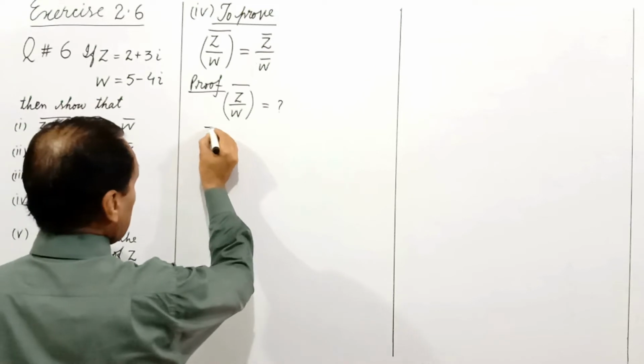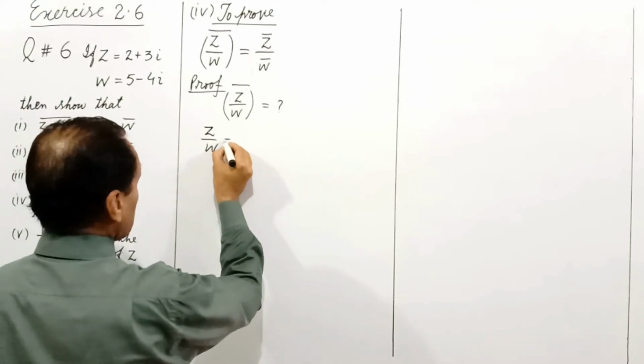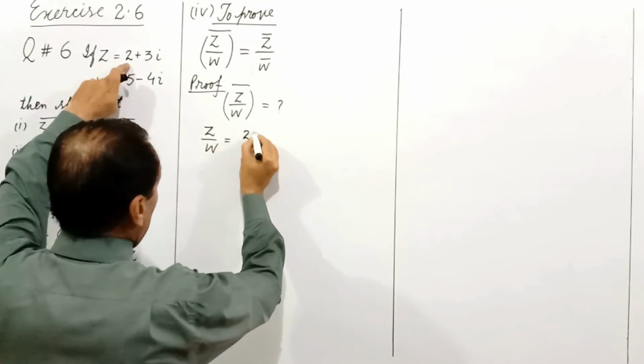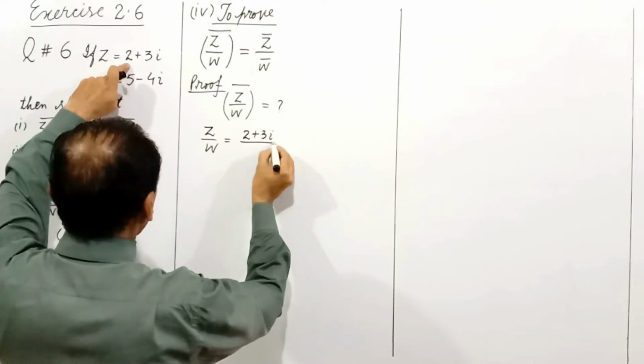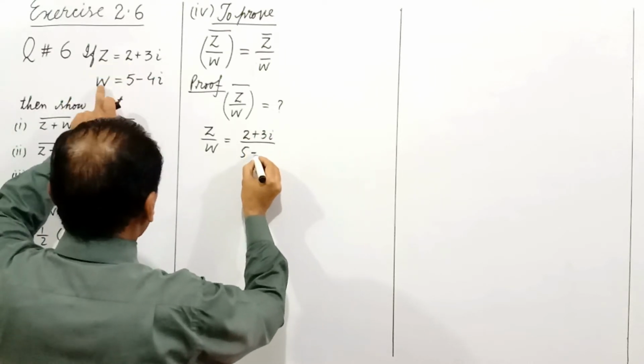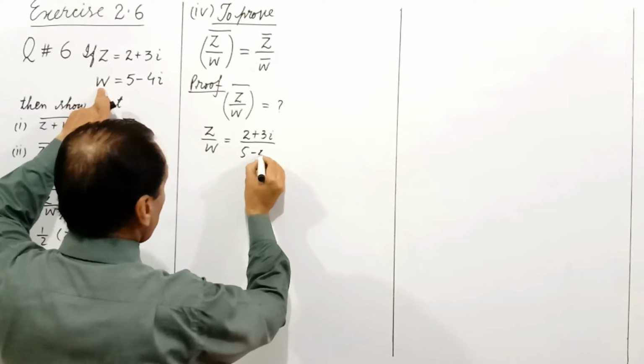So let's begin. z over w is equal to, we put the values, 2 plus 3 iota over 5 minus 4 iota.